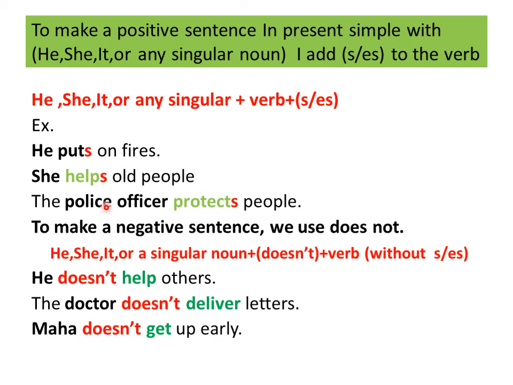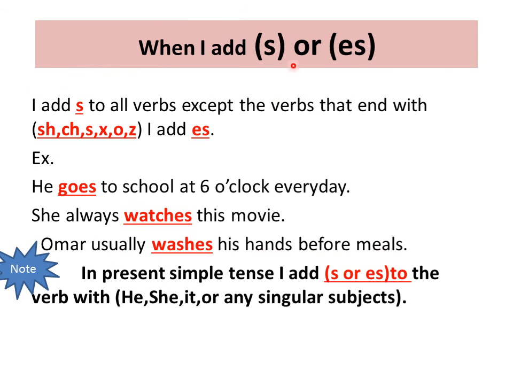So if it's a positive sentence, you add s to the verb. If it's a negative sentence, you use doesn't. And when you have doesn't, you have to delete the s or es in the verb. When do I add s or es to my verb? I add s or es if my subject is he or she or it or any singular.